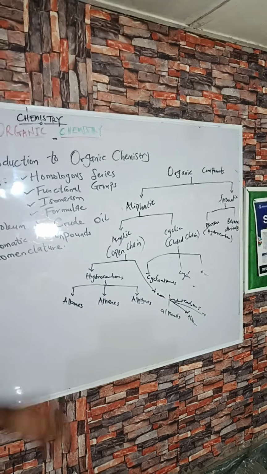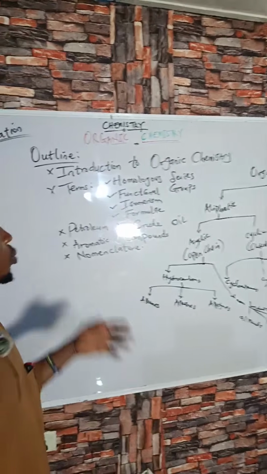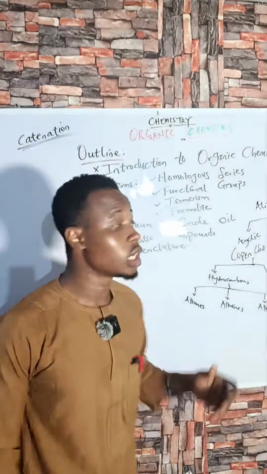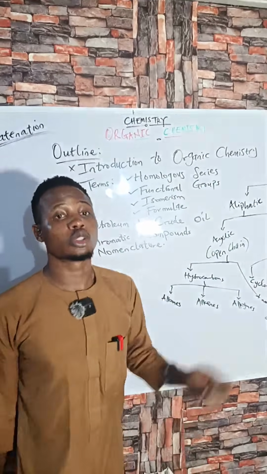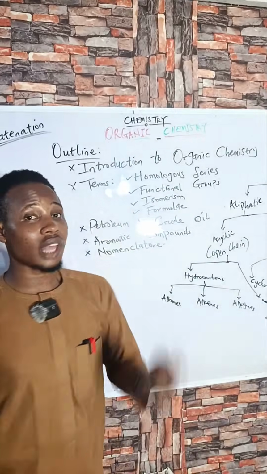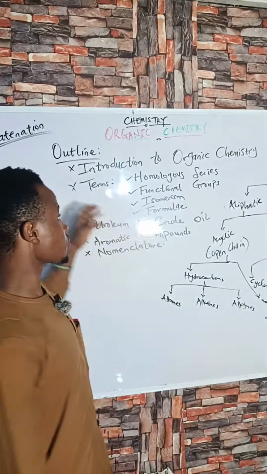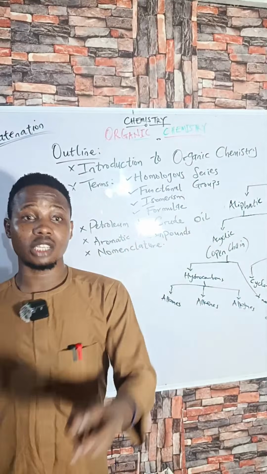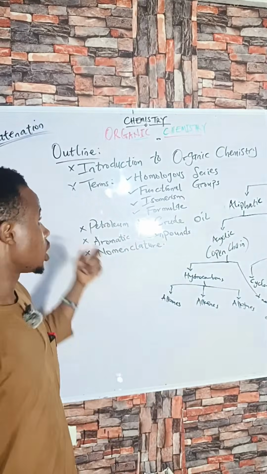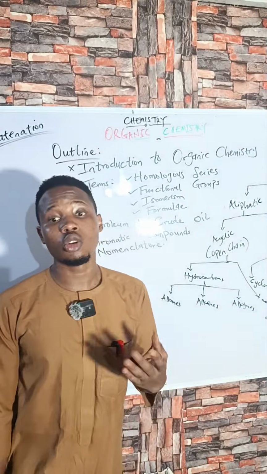Then we moved on to look at some of the properties of carbon that make it unique: tetracovalency, formation of multiple bonds, and catenation. After that, we went on to talk about the properties or characteristics of organic compounds. We started off with low boiling and melting points, and we talked about non-polarity.